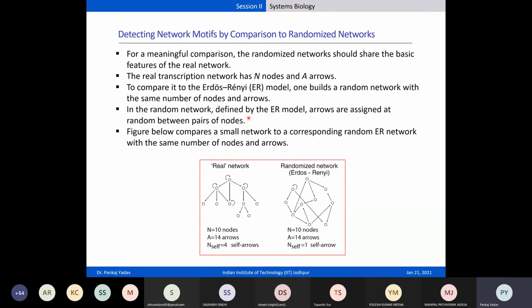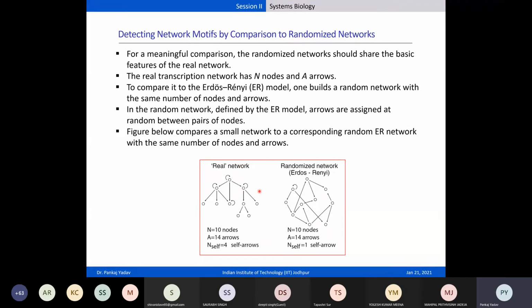So as I was saying, in this ER model, arrows are assigned at random between pairs of nodes. Random means there is some probability. Let's take an example. On the left side here, suppose this is our real network.